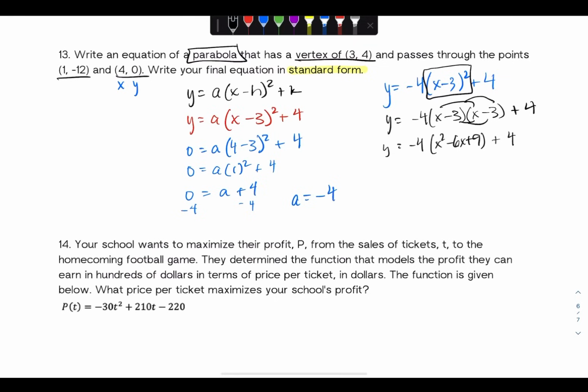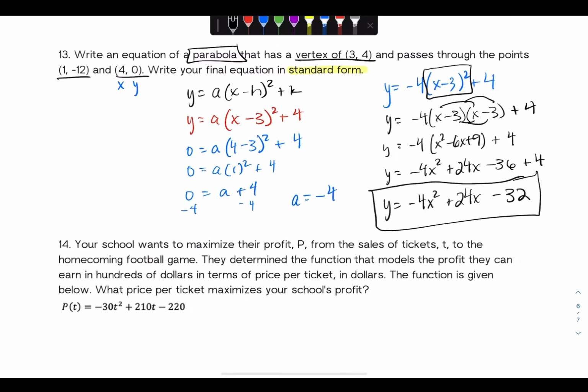Now I'll distribute negative 4, so I have negative 4x squared plus 24x minus 36 plus 4. And I have y equals negative 4x squared plus 24x minus 32. That's going to be my equation of the parabola that meets those conditions.